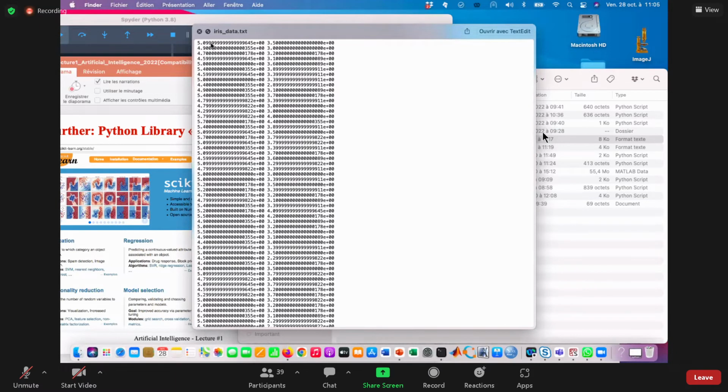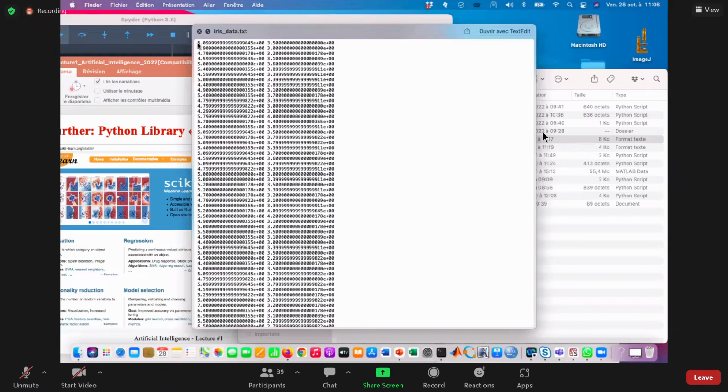As I remind you, for the flower recognition we are using the sepal dimensions, the width and the length of the sepal. We have a lot of values here, maybe 100 or 200 values. Here we have a couple for each flower: the measurement of the length and the width of the sepal.